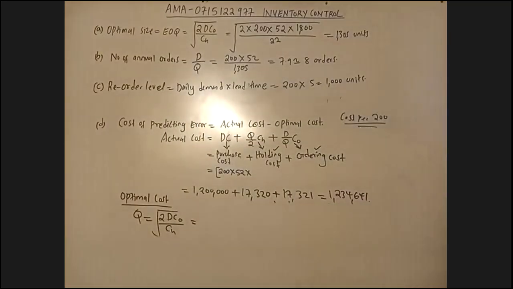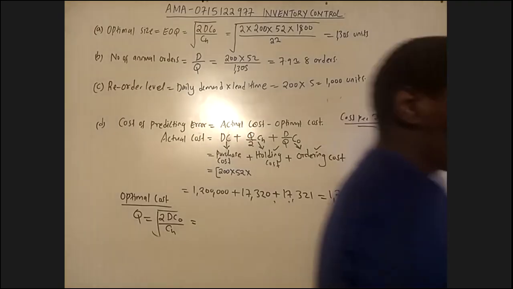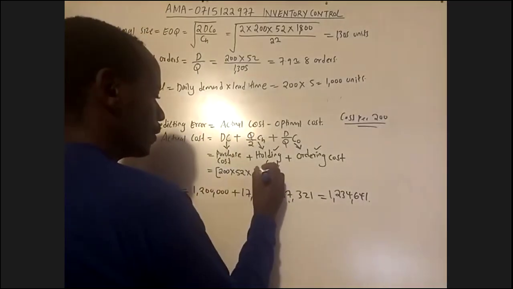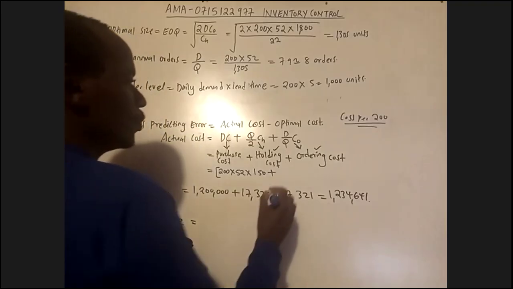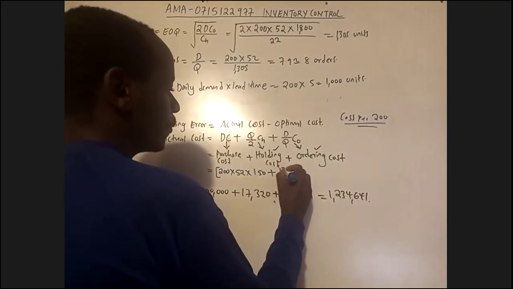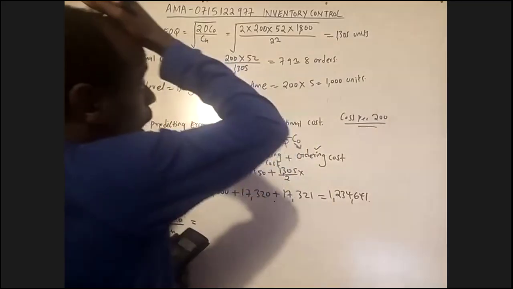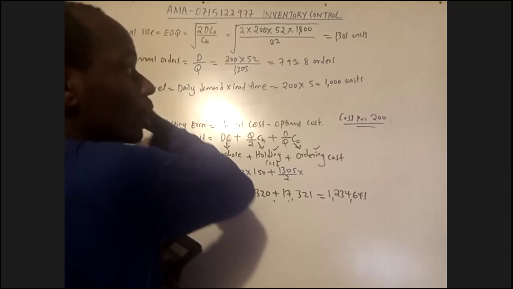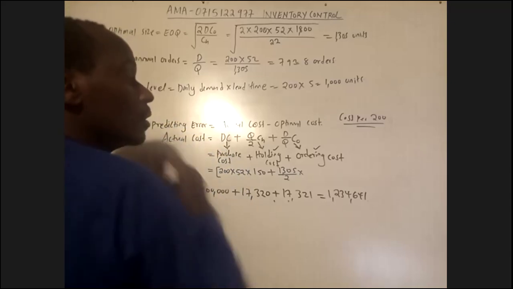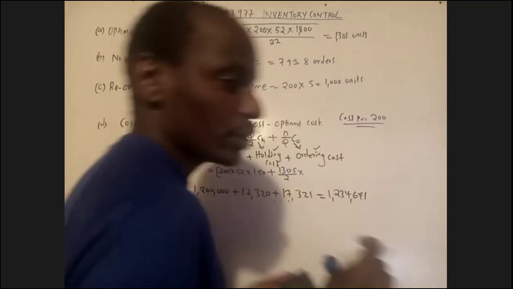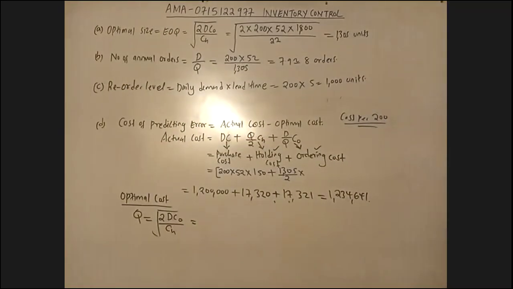From our question, we are told the cost is 150 shillings. 150 plus holding cost, which is Q over 2 times CH, with Q being 1305. So we need to compute our CH.